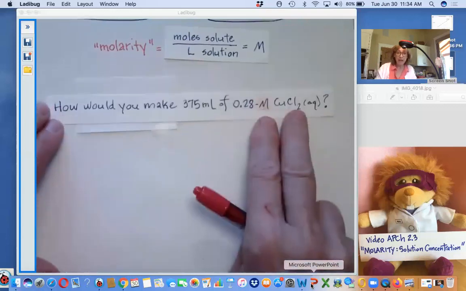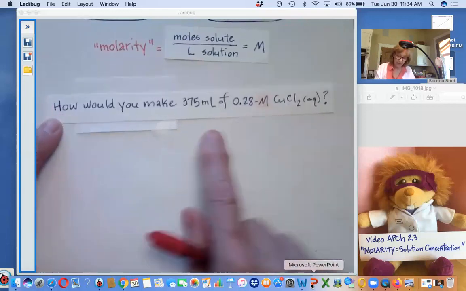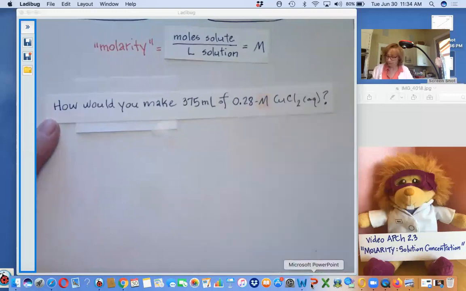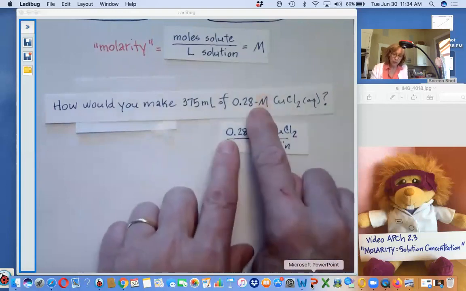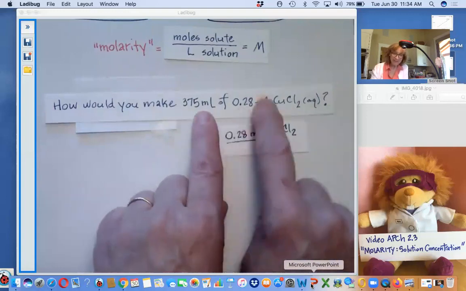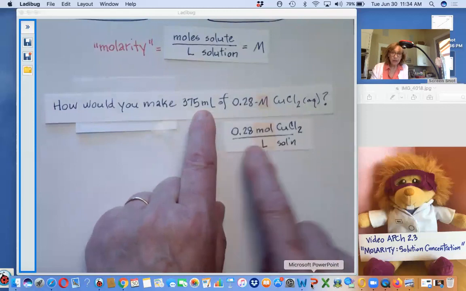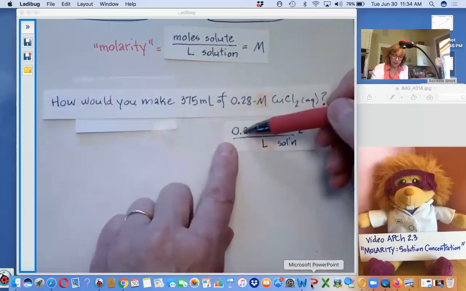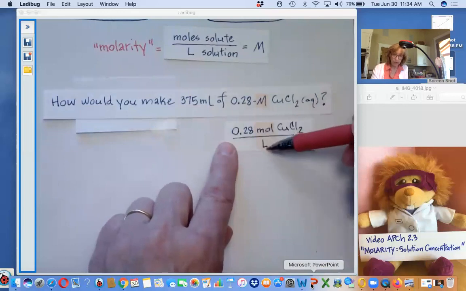All right, now we're ready for our second example. How would you make 375 milliliters of a 0.28 molar copper chloride solution? Okay, so when you read a problem which contains a molarity, I would like you to train yourself to rewrite it 0.28 moles per liter.